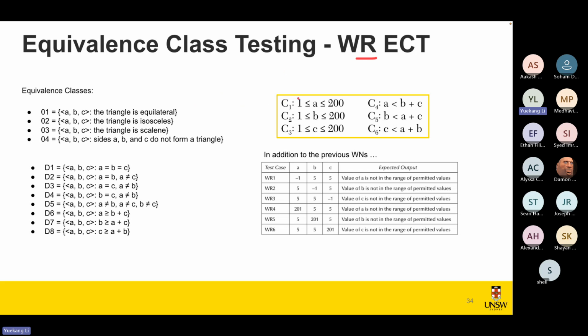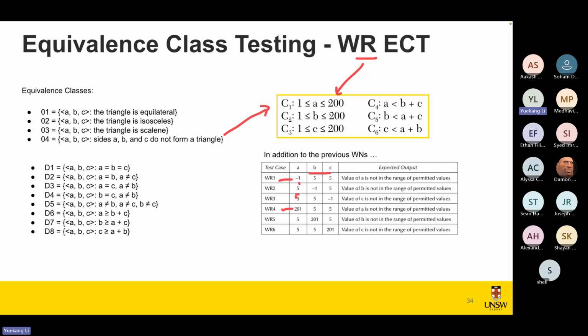Previously, if we don't care about the range, everything is valid, so we need to bring back the range to bring in some validity check for these integers. Therefore, in addition to the weak normal tests, we allow values to be invalid. And because we are doing weak robust, we only allow one value to be invalid each time. So we can fix B and C and allow A to take the invalid values.